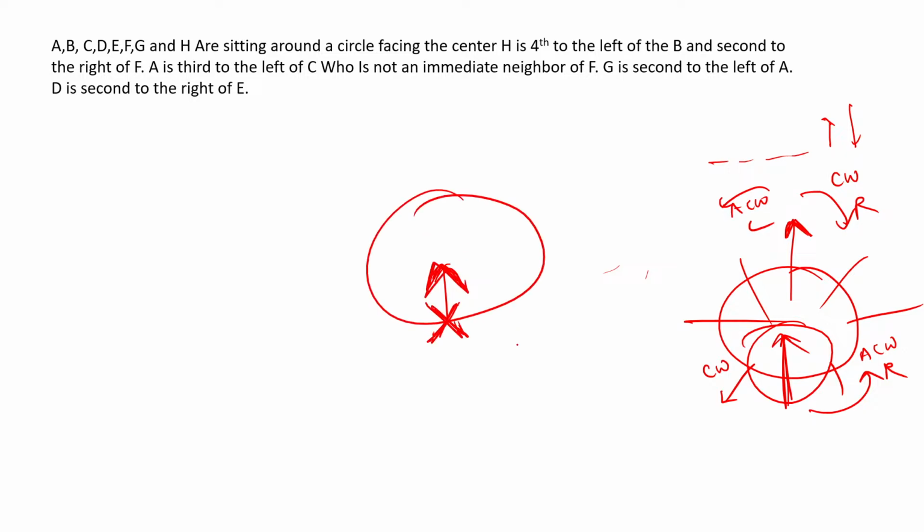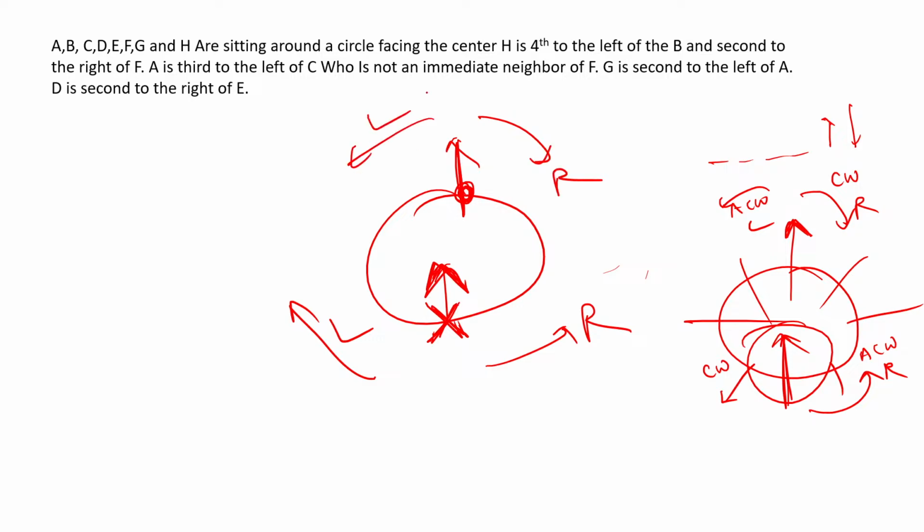If you start from the lower point, your right becomes the problem's right, and your left becomes the problem's left. Similarly, when they're facing outside, start from the upper point, and then your right becomes the problem's right and your left becomes the problem's left. So if the people are facing inside, start from the lower point. If the people are facing outside, start from the upper point. That's it.